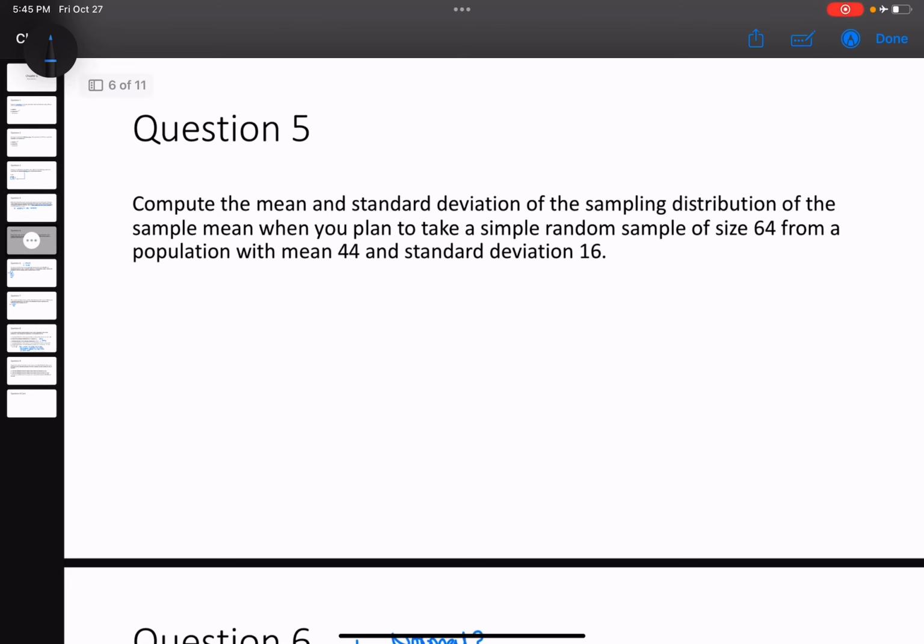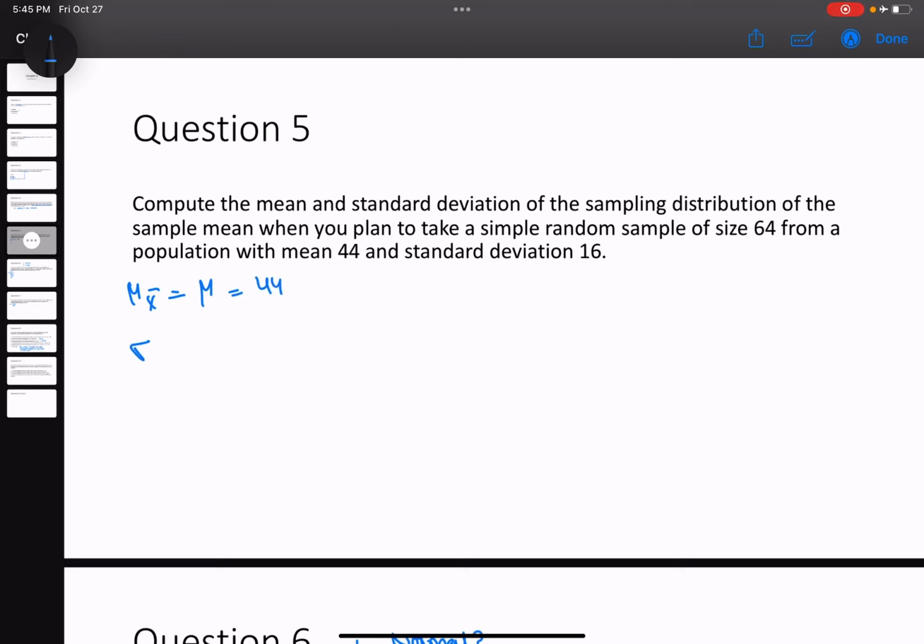Question 5. Compute the mean and standard deviation of the sampling distribution of sample mean when you plan to take a simple random sample of size 64 from a population with mean 44 and standard deviation 16. The mean of the sampling distribution equals the mean, mu, of the population, which is 44.